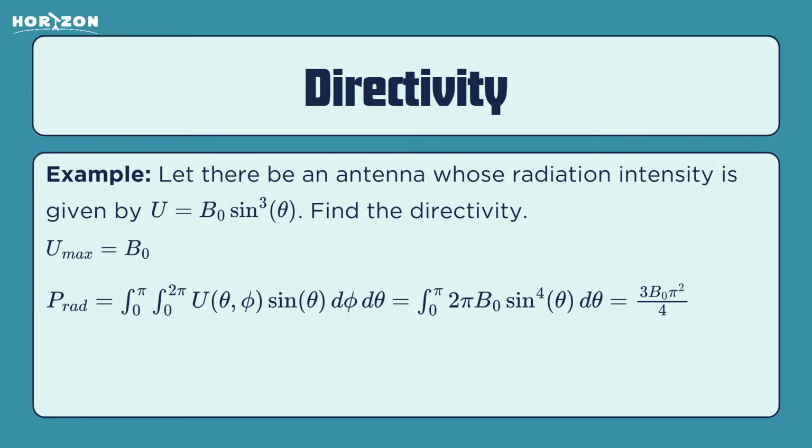And then we use the formula D equal to 4 pi U by total power radiated, which gives us a final answer of 1.69. So this is the procedure you would use to calculate the directivity of an antenna.